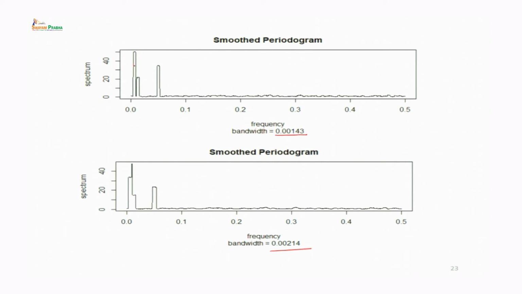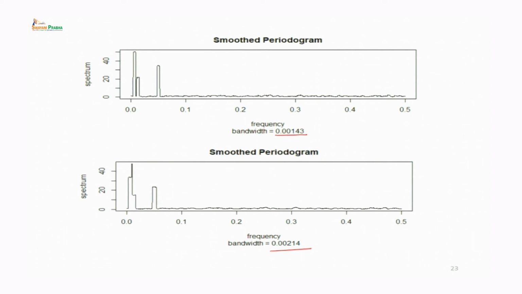Then if you look at these two frequencies, they are very close to each other. Still you can distinguish between them, but these two dominant frequencies are very close to each other, almost merging with each other.